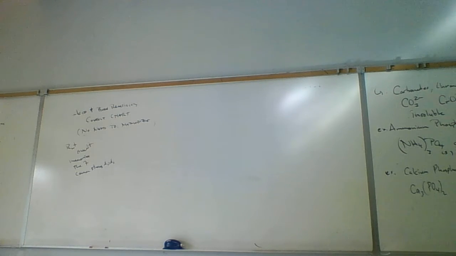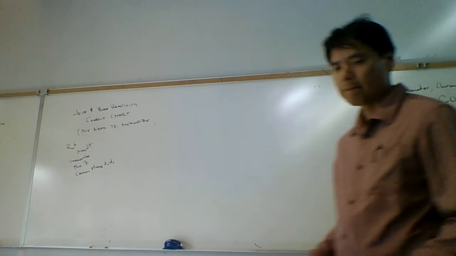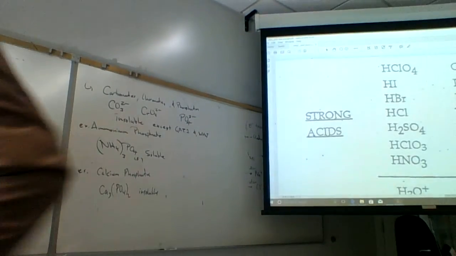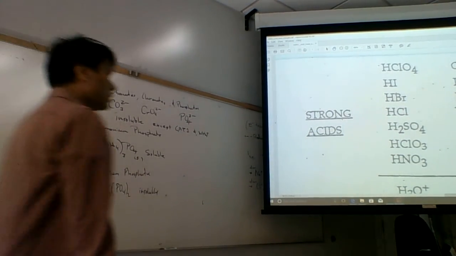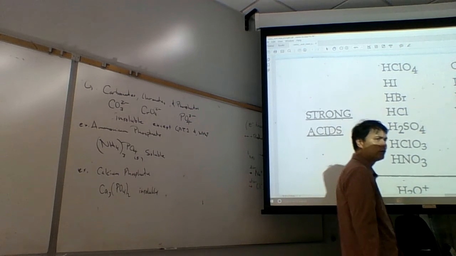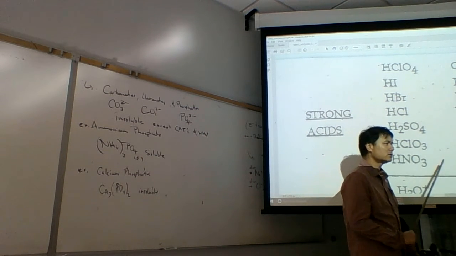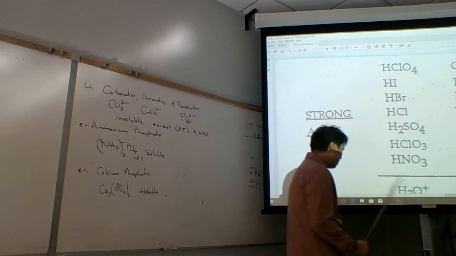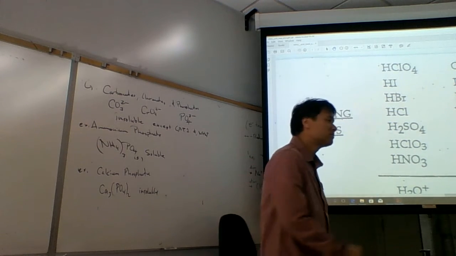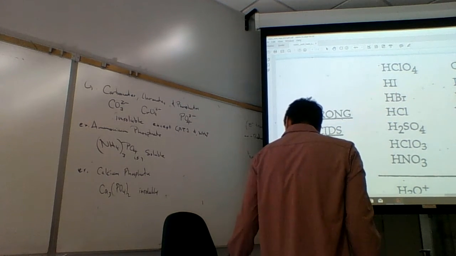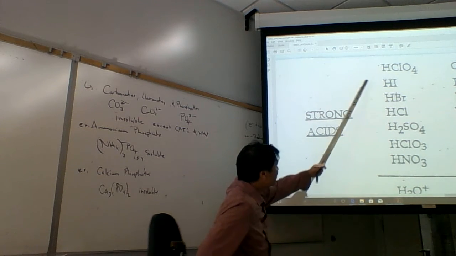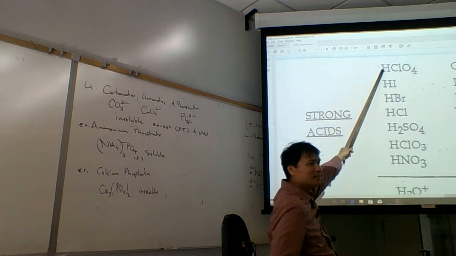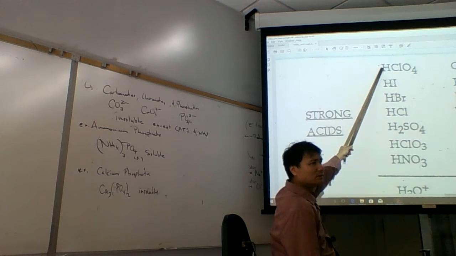What's the strongest acid here? The strongest acid here is what, H2SO4? Is that the strongest? Well, it turns out no. This is based on the rank here. Let's see. The strongest acid is going to be this one at the top. What is that called?